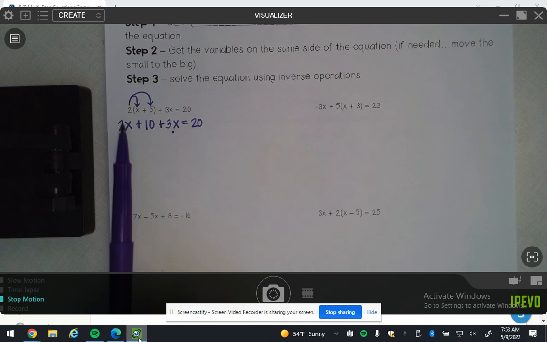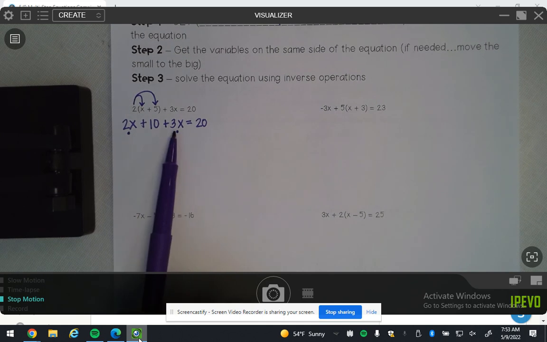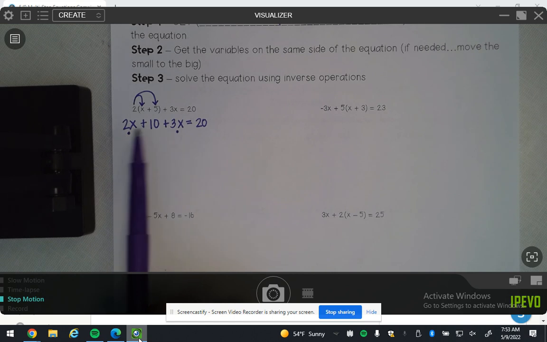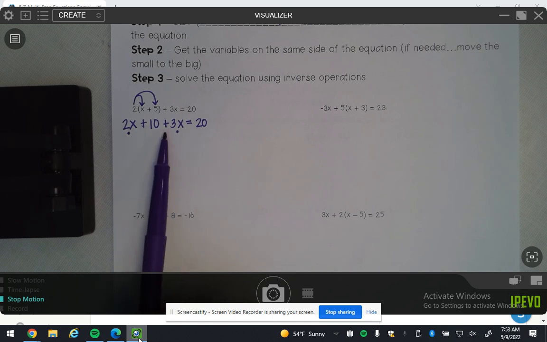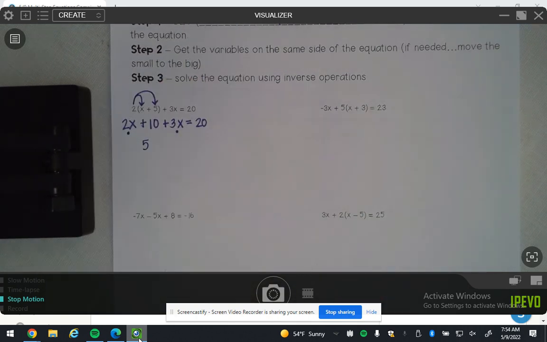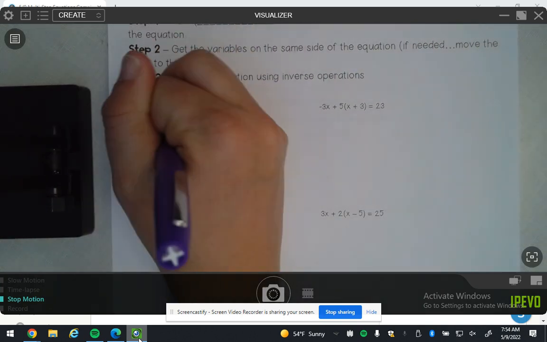So what number's on this first x? 2. What number's on the second x? 3. Is this 2 positive or negative? Positive. How about this 3? Positive. So you're just going to add them. 2 plus 3 is 5. What else do I need to have on there? X. And then Coop would have crossed them off like that.